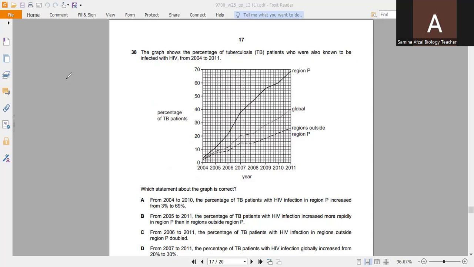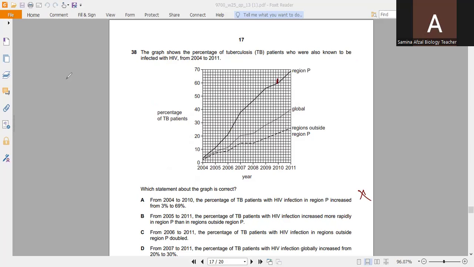This statement is incorrect, because in 2004 the value starts at around 4%, so it is not 3%. In 2010 the value is at 62, you can see the value over here. So again this is not the correct option.